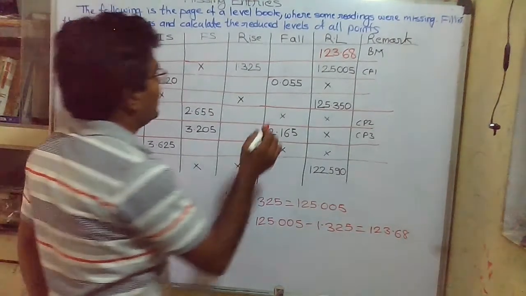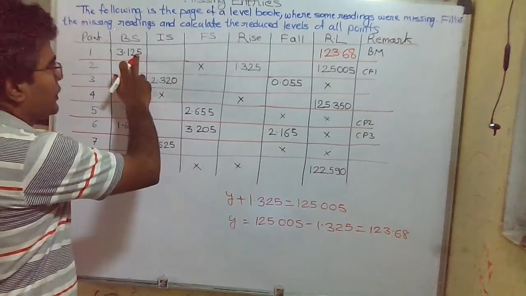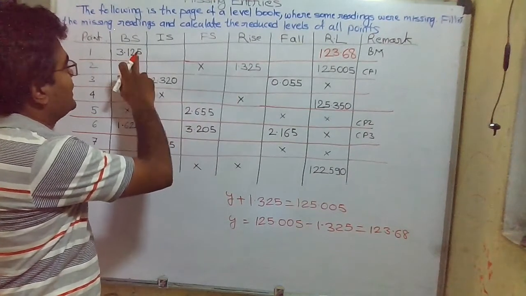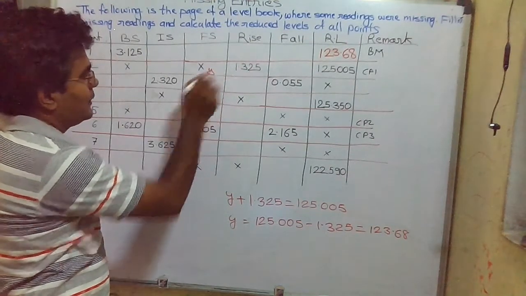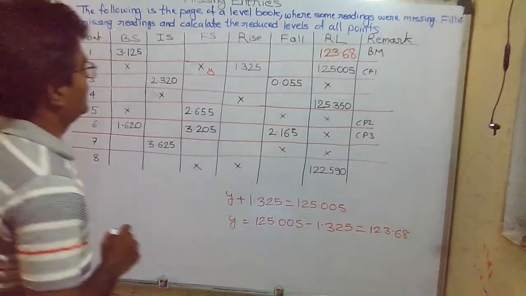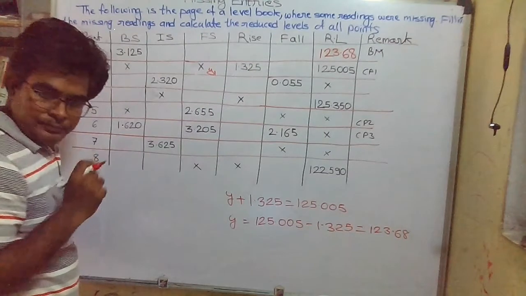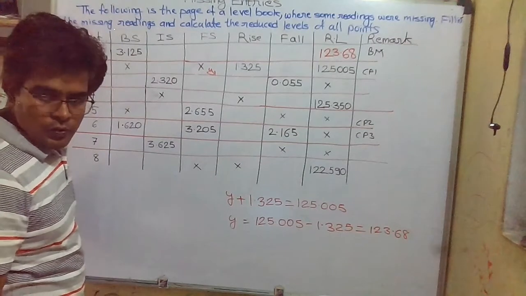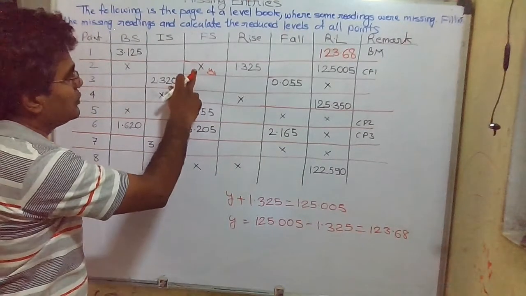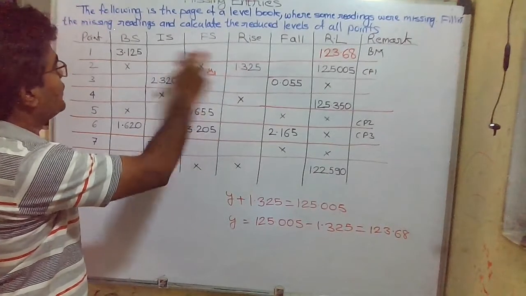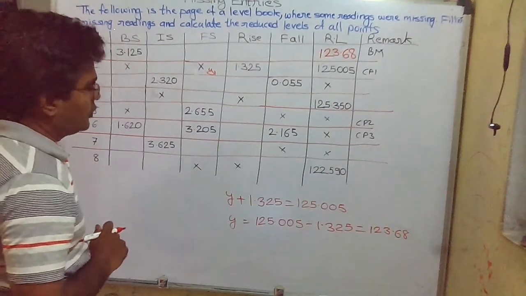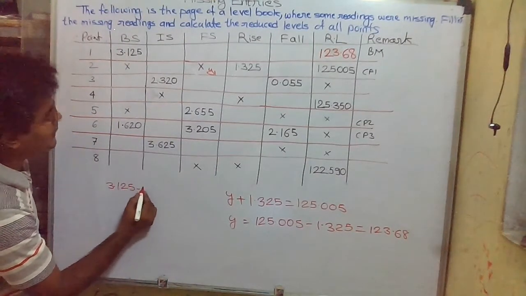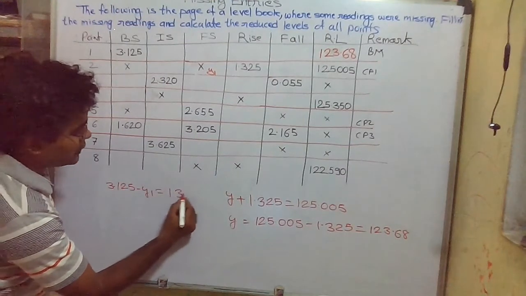Okay, now the next missing entry is this. How do we find the rise? By subtracting this value. Suppose this is some value y1. So 3.125 minus y1 gives the rise. So how do we find this value? We can write that 3.125 minus y1 is equal to 1.325.